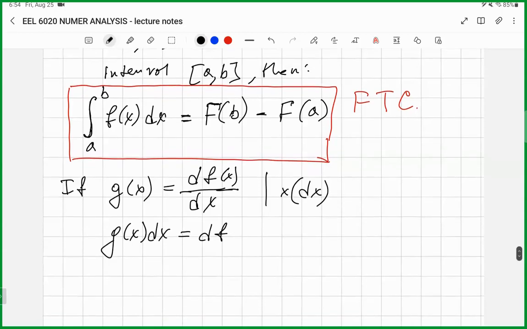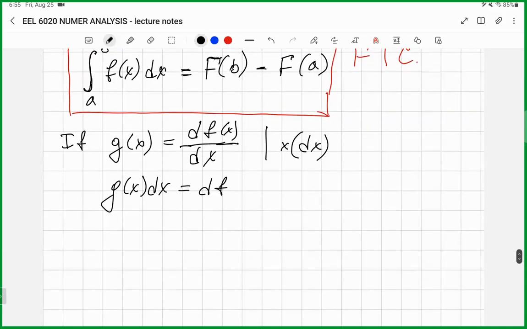Formally, it's allowed to manipulate these differentials. It really works like a ratio. You can multiply this ratio by dx, so you get g(x) dx on the left and df on the right.